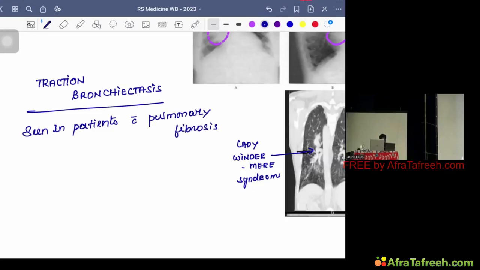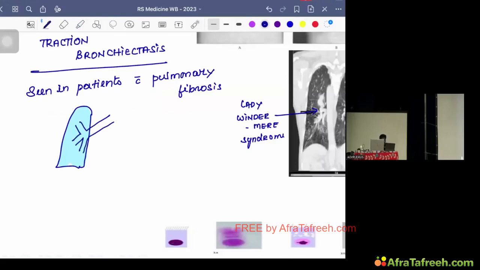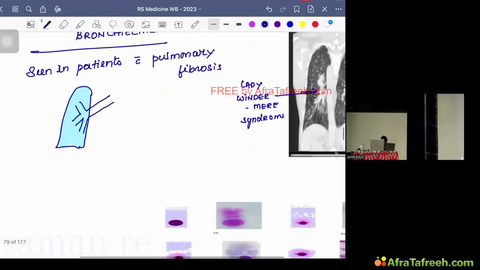Because there is fibrosis in the lung, this fibrotic area will pull the airway. Whenever the fibrotic area pulls the airway, the airway will dilate because of the pull in the surrounding area, and this is called traction bronchiectasis.